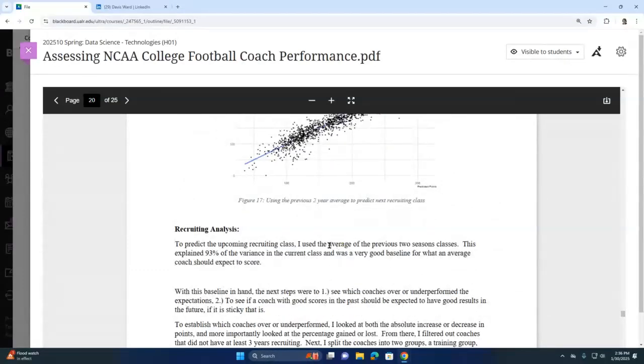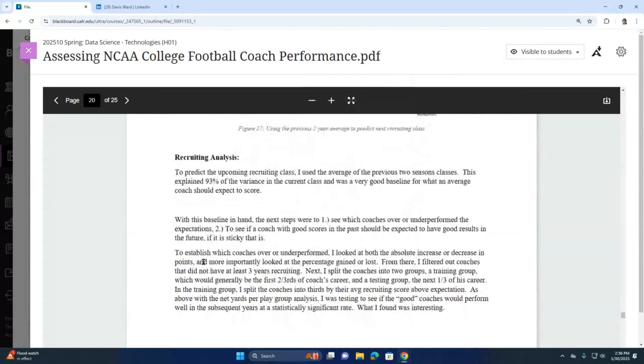Some of these metrics are very simple. He said, I'm just looking at the average of the previous two seasons' recruiting scores. And he did the same thing.